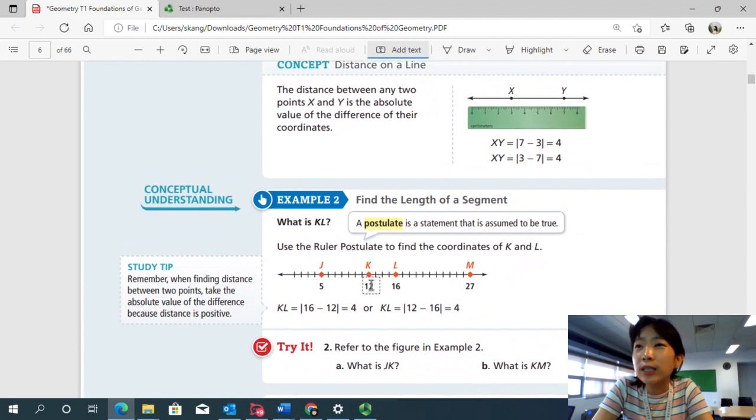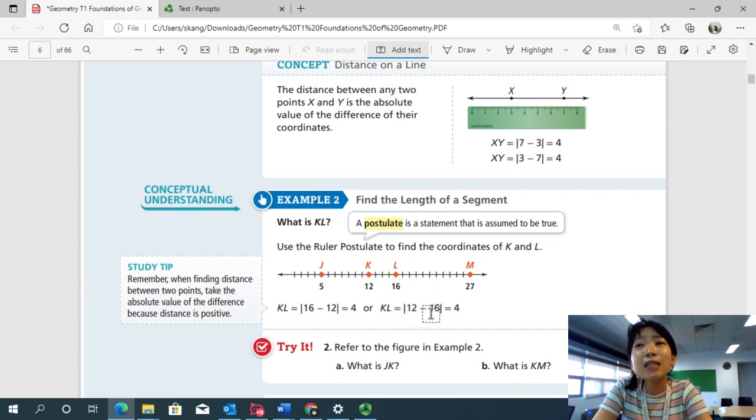Because they're all unique coordinates on a number line, we can use the distance on a line to figure out the distance between the 2 points. So KL, the distance of KL would be 16 minus 12. The absolute value of that would be 4. Or you could switch the order. It doesn't matter which one you subtract first.